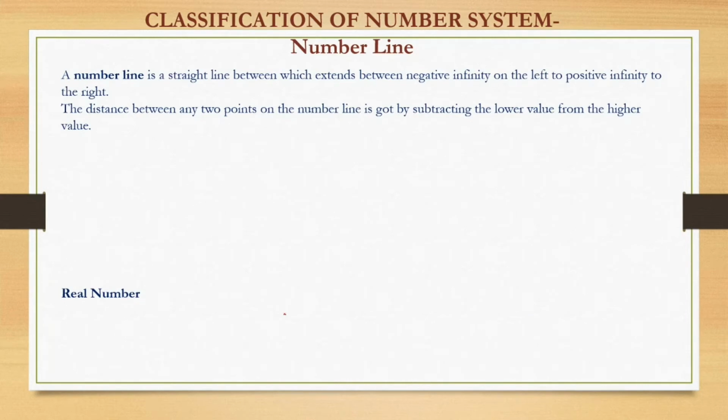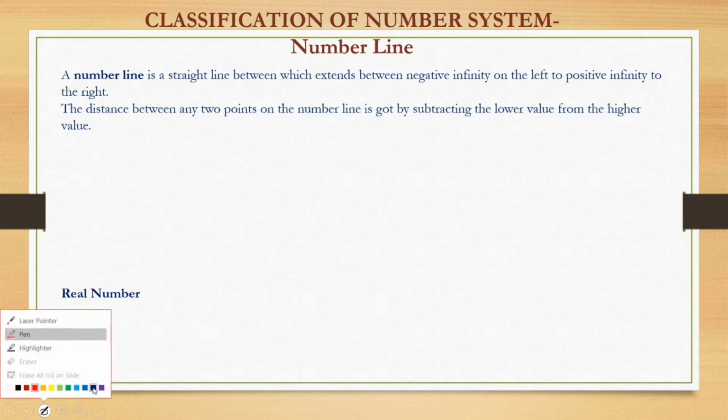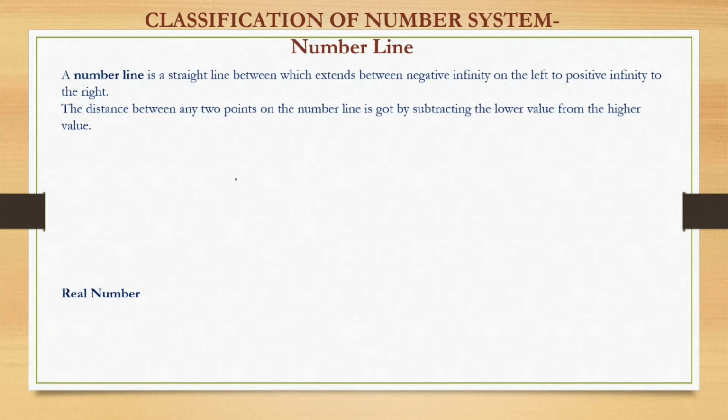So now we will see a concept called the number line. What is a number line? A number line is a straight line which extends from minus infinity to infinity, center being 0.